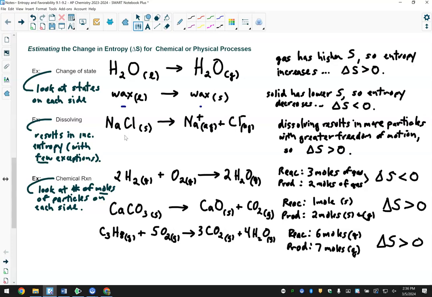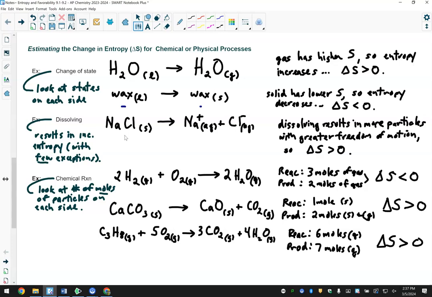Even if it's not ionic, even if it's covalent and it's a sugar, then glucose dissolves because of the intermolecular forces, right? That glucose molecule is a solid here, rigidly held. When that glucose dissolves, that glucose molecule is going to be floating around attached to water. Much more freedom, much more spread out matter.